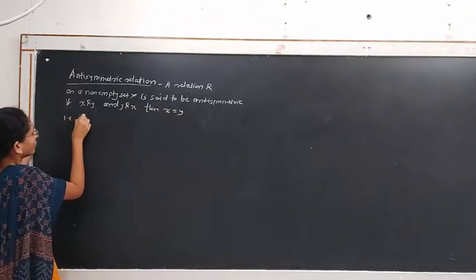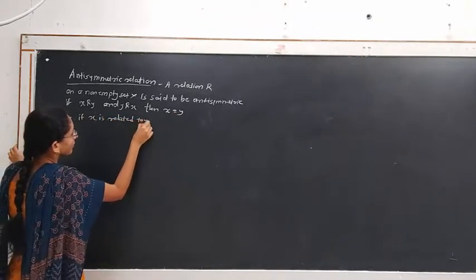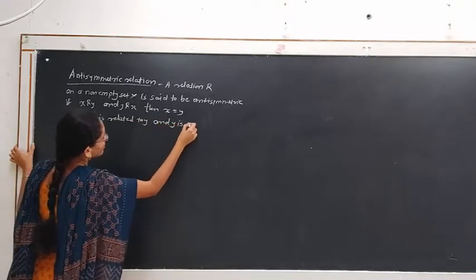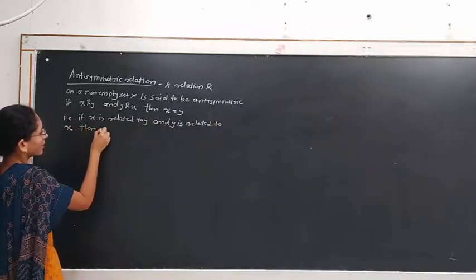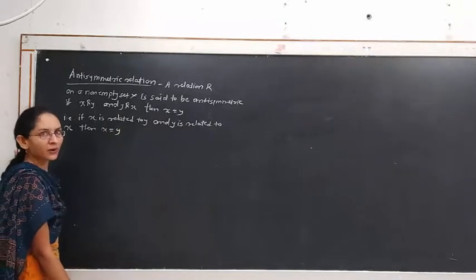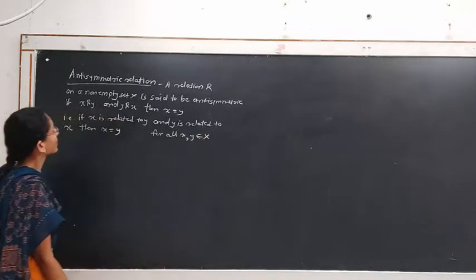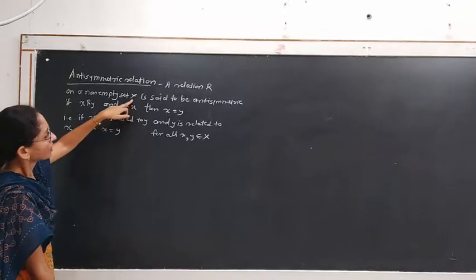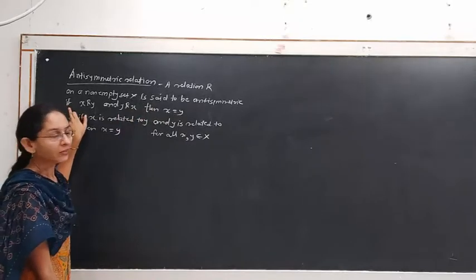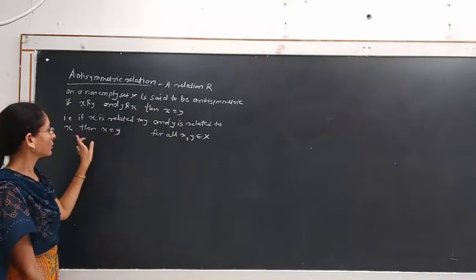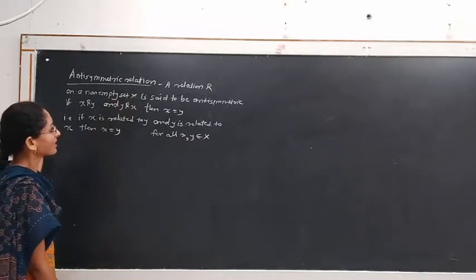That is, if x is related to y and y is related to x, then x is equal to y, and this is true for all x, y belonging to set X. Then only we say that R is an antisymmetric relation.